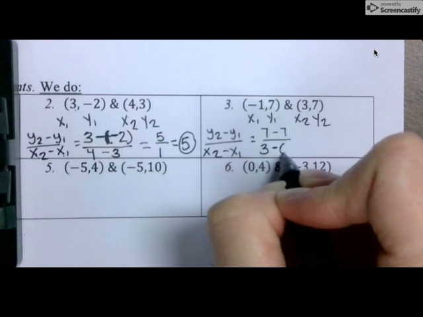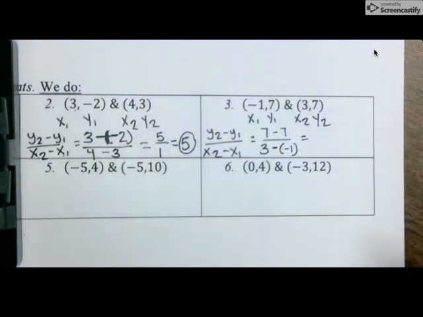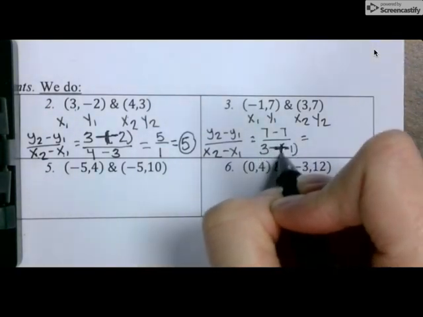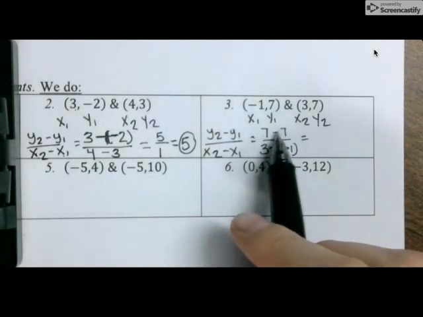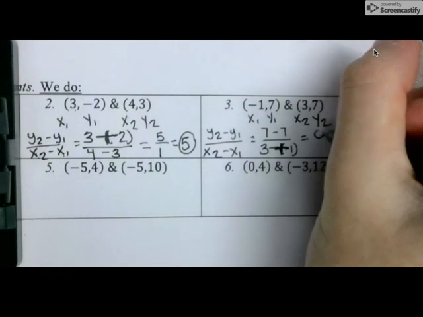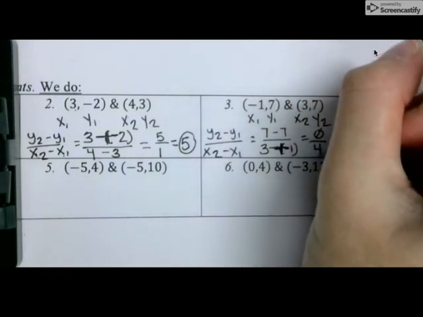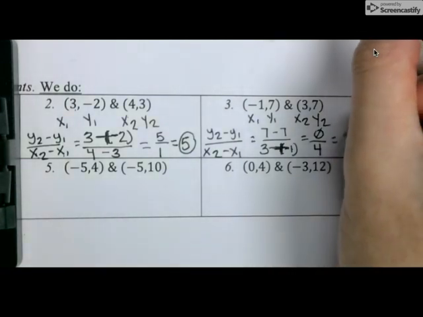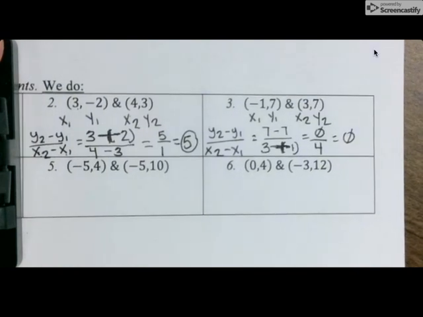The number that goes with x1 is negative 1. So on the bottom, I have two negatives next to each other. Makes that a plus sign. Then I have on top 7 minus 7, which is 0. 3 plus 1 is 4. We just talked about 0 divided by anything is 0. Okay?